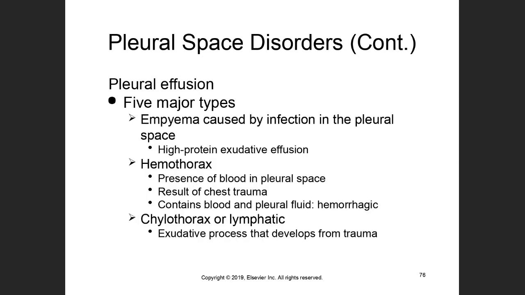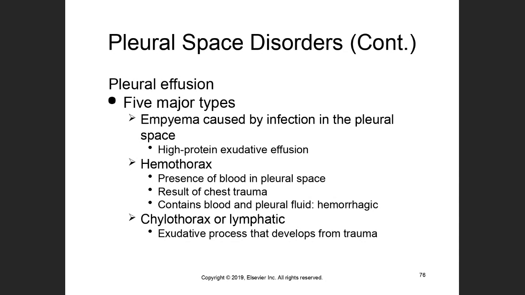Then that collection of fluid could be due to, like, empyema, that accumulation of pus in the pleural space, okay? And it's a high-protein exudate. You see, it's a type of exudate. So don't get confused. It's not divided into five types, okay? It's just two types, okay?